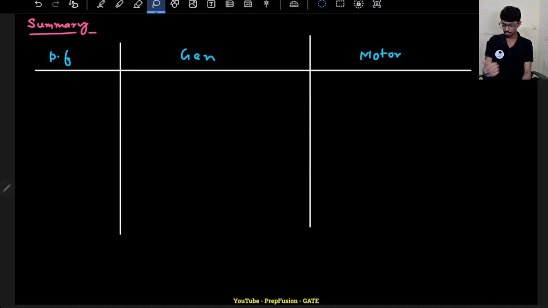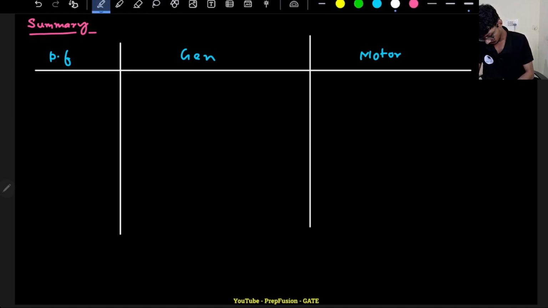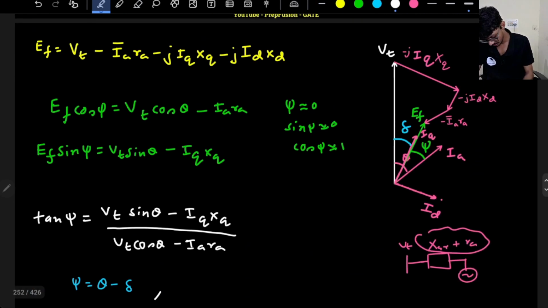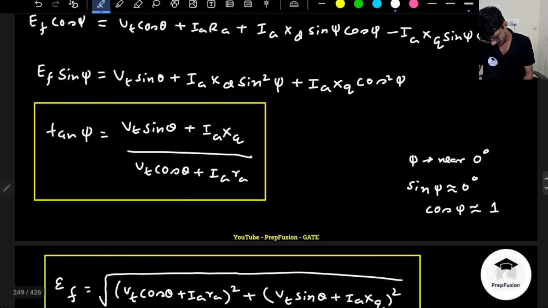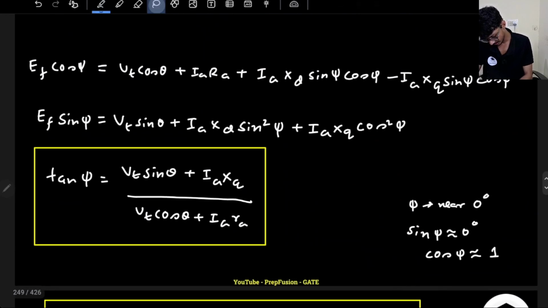Okay, so first of all, it is lagging. Lagging in case of generator, we just derived that, so I will basically copy this. Tan xi here, I will just extend this a bit.